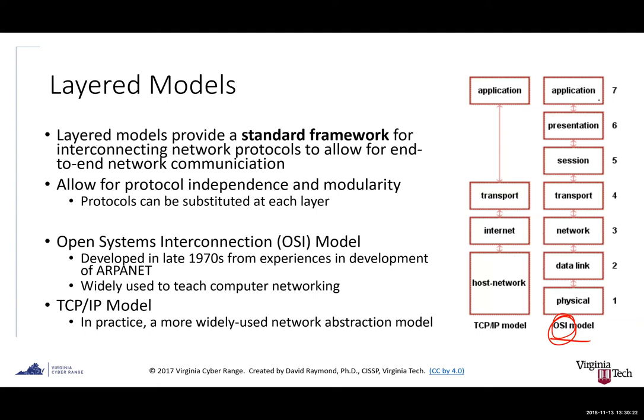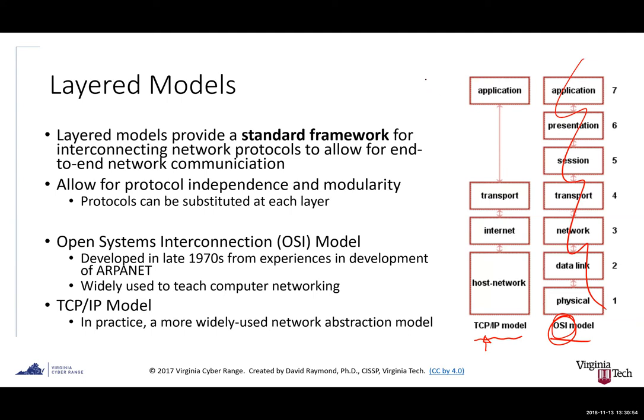And in fact, from a practical standpoint, the layered network model that is used in the internet is the TCP/IP model. And if you remember from last time, TCP and IP are network protocols that were developed back in the 1970s by Vint Cerf and others. So if we look at the TCP/IP model, we'll forget about the OSI model for a minute.